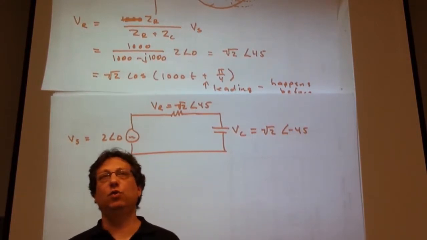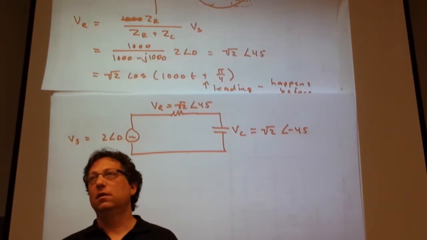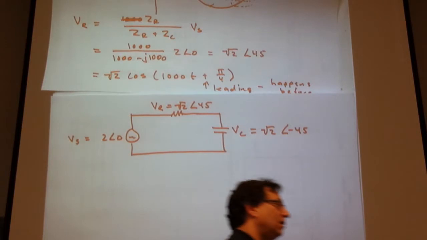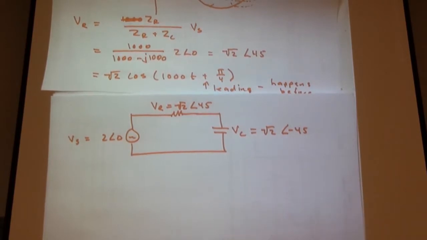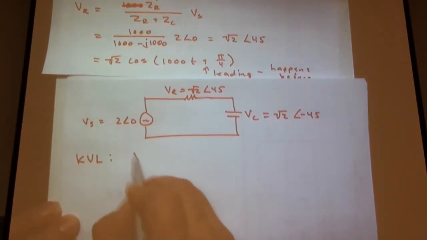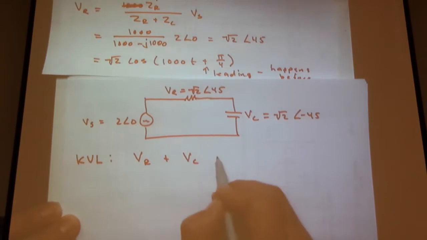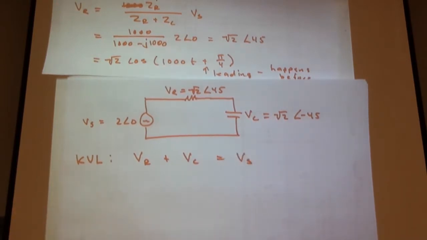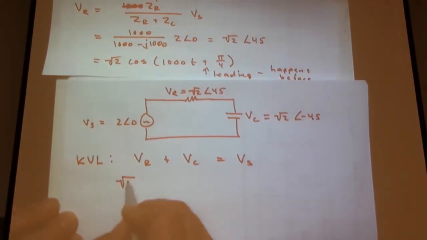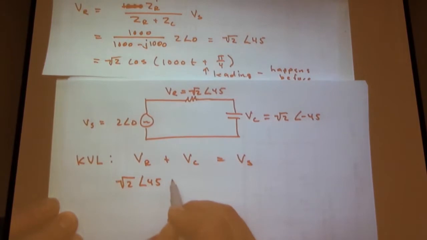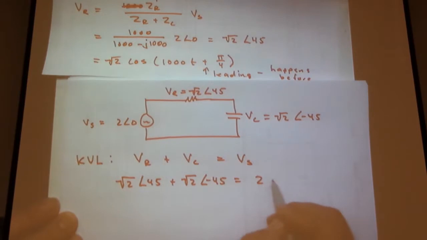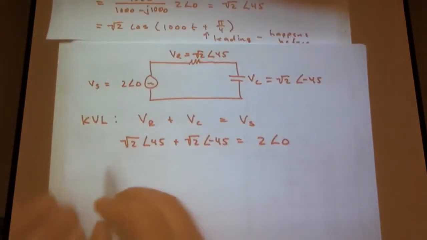So what must be true about this circuit in terms of Unit 1 concepts? KVL must apply. So if we apply KVL, then we have VR plus VC equals V source. And that has to be true, and so square root of 2 angle 45 plus square root of 2 angle minus 45 better be equal to 2 angle 0. We can go and check that.